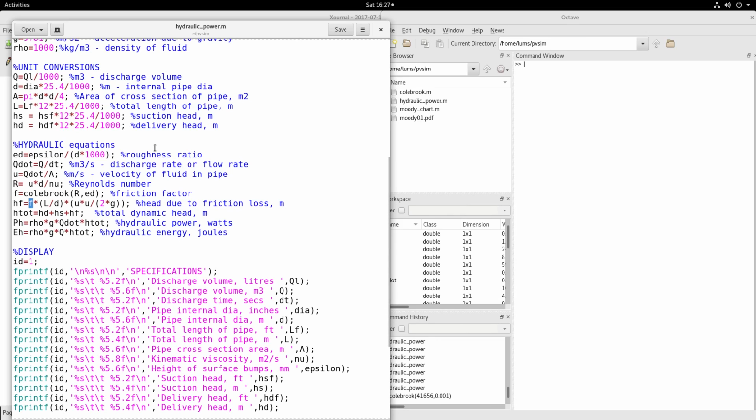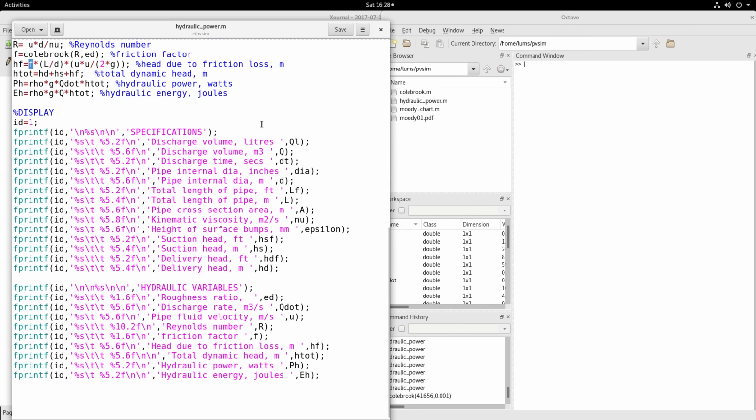So in this way you can streamline the process of designing or estimating the hydraulic power by appropriate scripting in Octave, and then you can output the values you want to see.